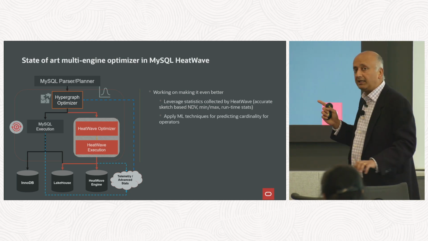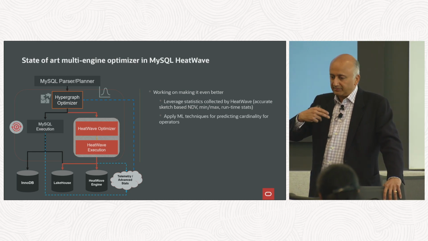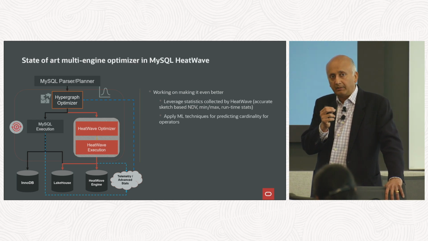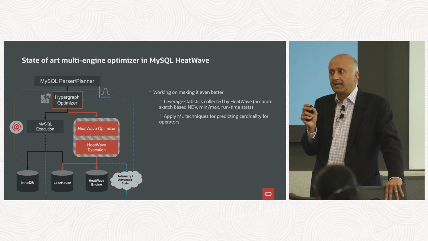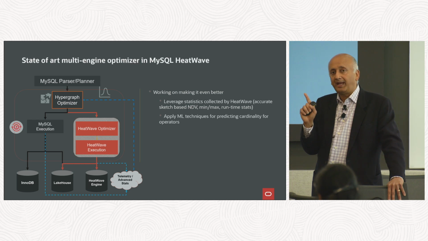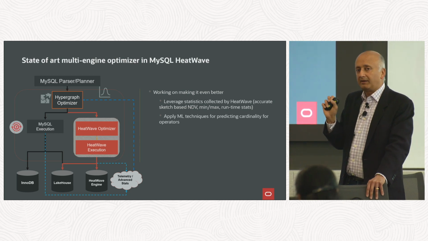And then the second thing is, we collect whatever statistics we can, the system predicts whatever statistics it can, but now we're going to start introducing machine learning capabilities to predict the cardinality of various operators. And this has far-reaching implications when it comes to the kind of plans an optimizer can generate. Just to give you one example, and I don't want to sidetrack too much into this, people talk a lot about vector indexes.